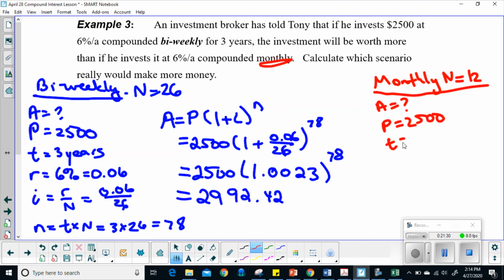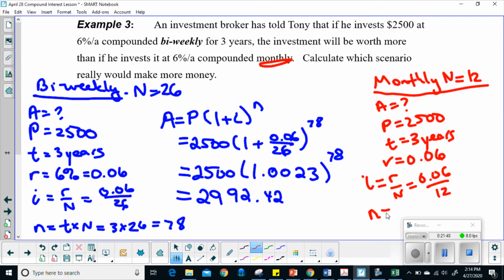My time is still 3 years. My interest rate is still 6%, so 0.06. In this case, my I is going to be my R over N, which is 0.06 divided by 12, because it's happening 12 times a year. And my little n, my exponent, is going to be T times N, so 3 times 12, which is equal to 36.